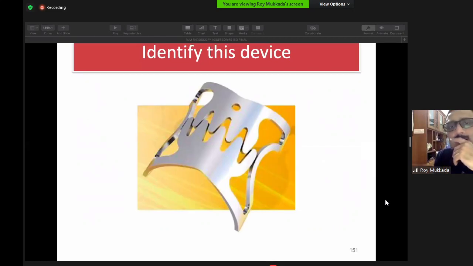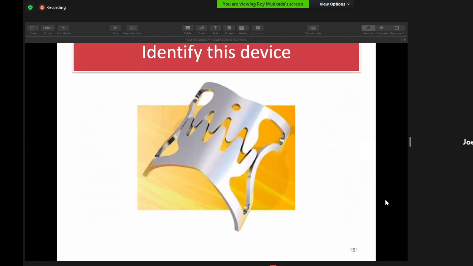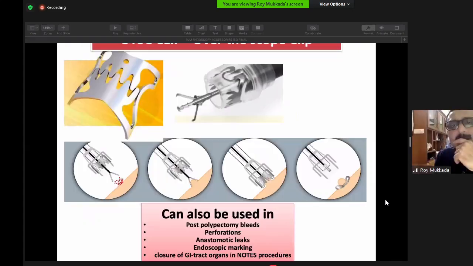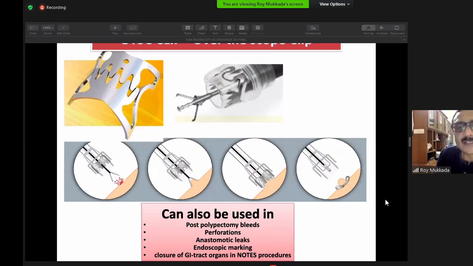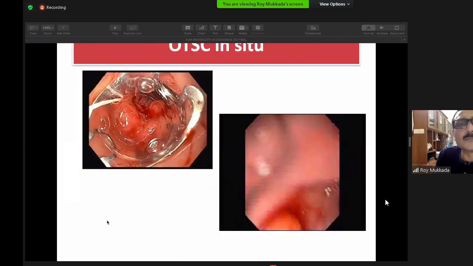Can you identify this? Over the scope Ovesco clip, sir. Where is it used? It's basically used for large ulcers, more than 2 centimeters, bleeding ulcers, perforations, to close small fistulas, anastomotic leaks, etc. It can be a very useful clip.